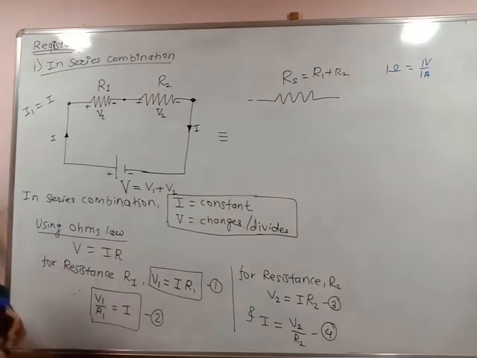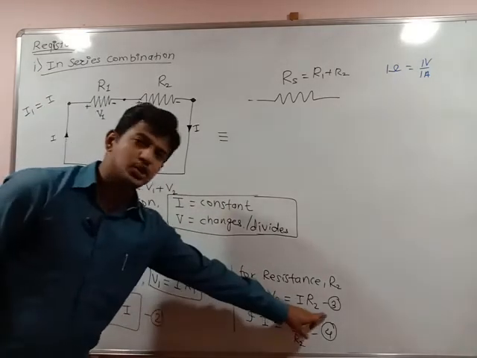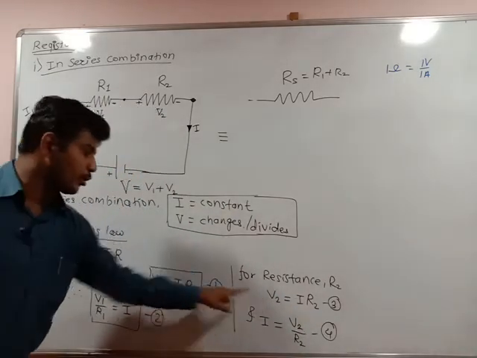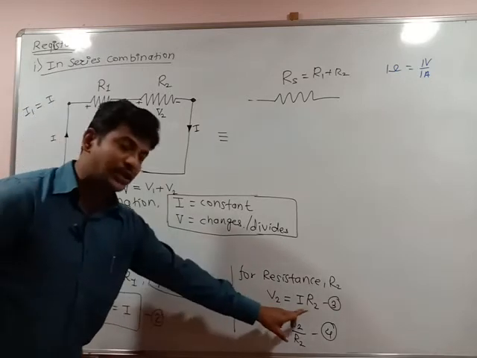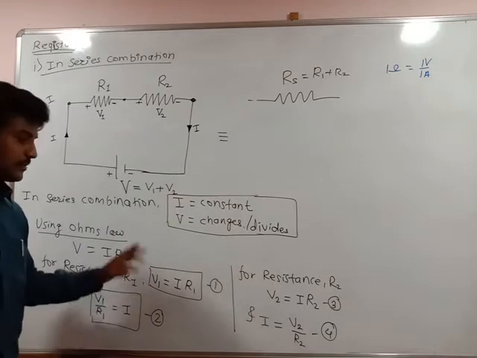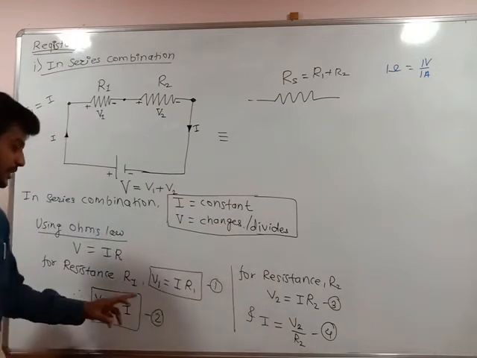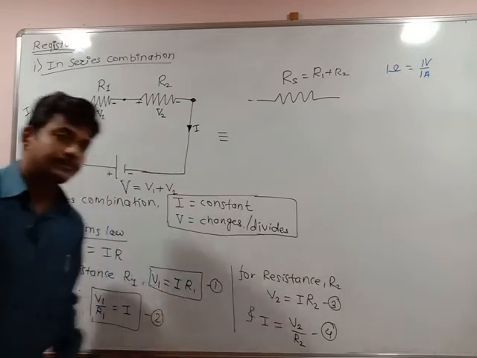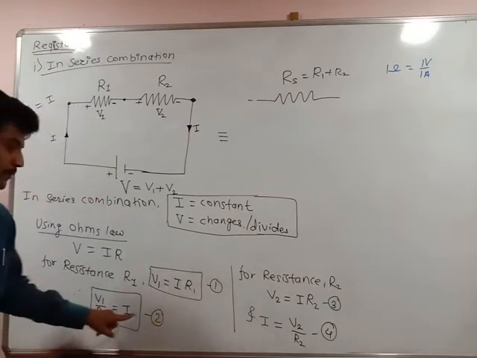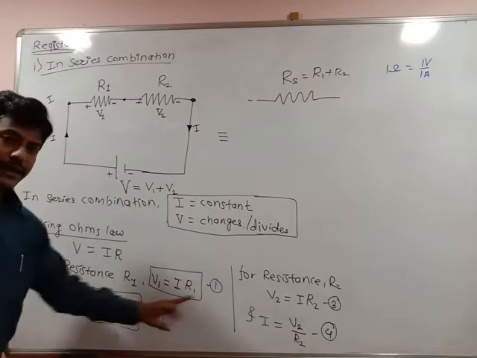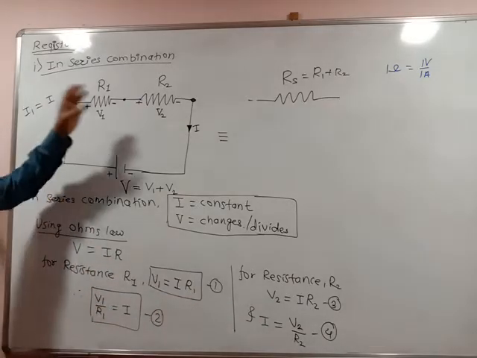Now see, equation 1 and 3 give voltage drop across resistance R1 and R2, and equation 2 and 4 give current across R1 and R2. Now see, this is a series combination.